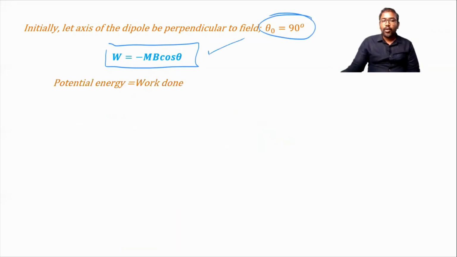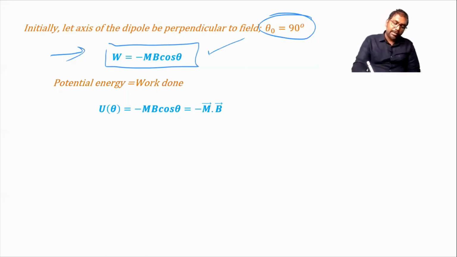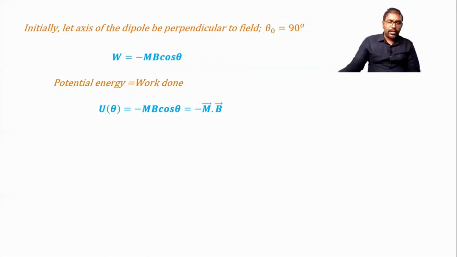Now potential energy is equal to the work done. We already have the work done formula, so we can write potential energy is equal to minus mb cos theta, or we can write, keeping the minus sign as it is, m bar dot b bar. This m bar dot b bar we can again expand like this. So here we get a formula of potential energy.